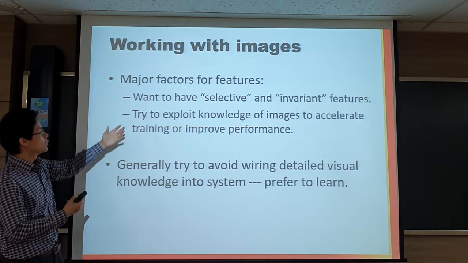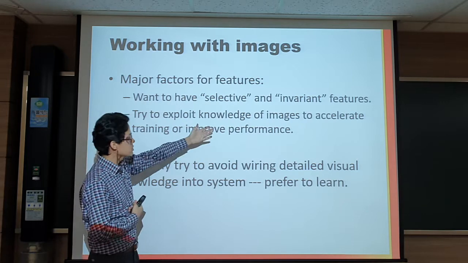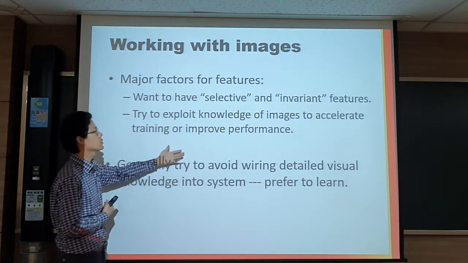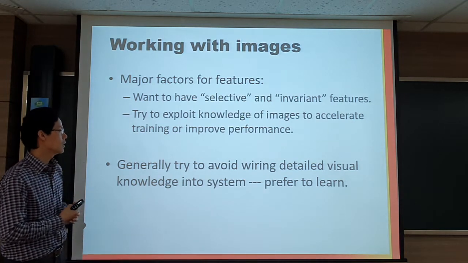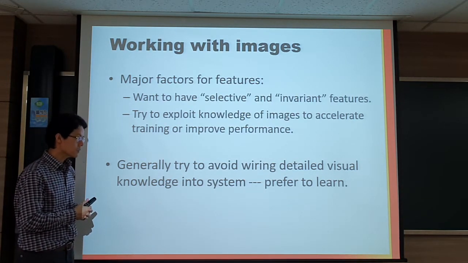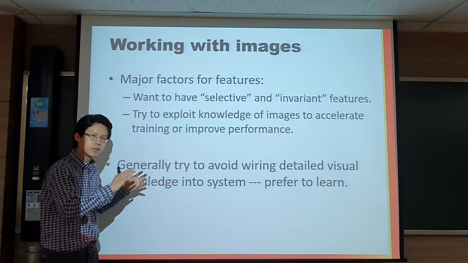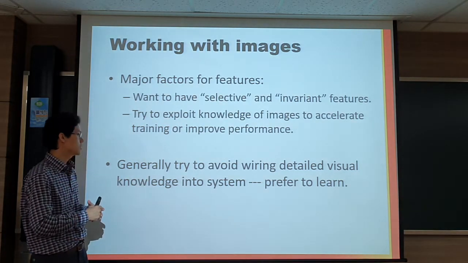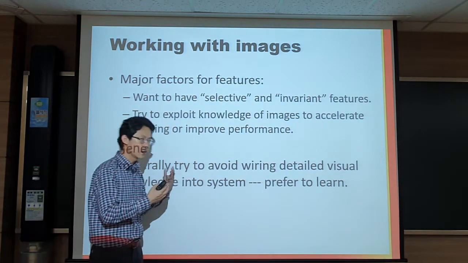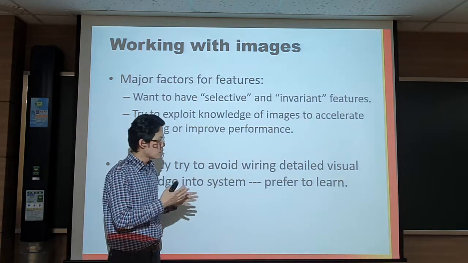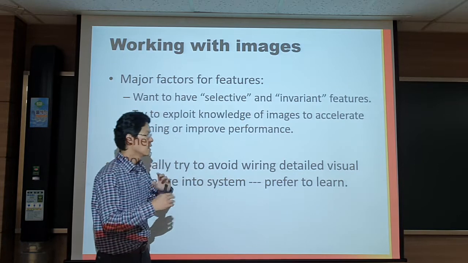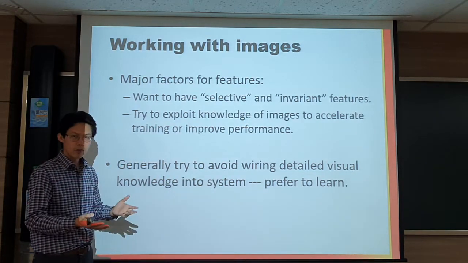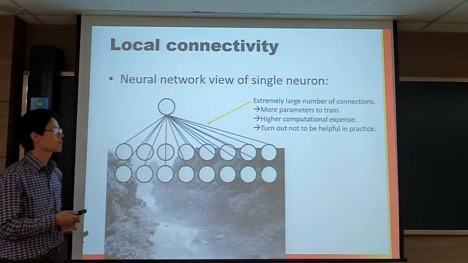In other words, we wanted to exploit the knowledge of images to accelerate or even improve the performance of our deep neural net, our CNN techniques. So instead of manually designing the features or the technique, in the approach of deep learning, we obviously prefer to learn the different parameters, even the architecture and so on.